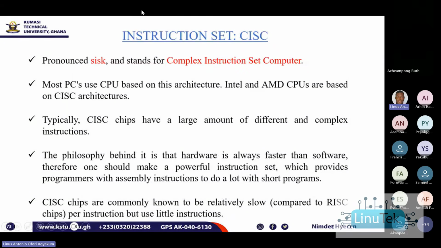Now, the last thing I would want to explain is what we term as the CISC, or the complex instruction set computer, and the RISC, which is the reduced instruction set computer.